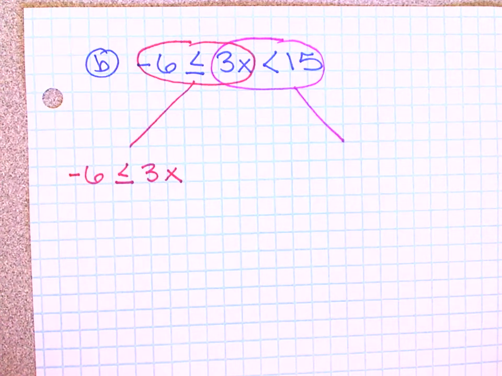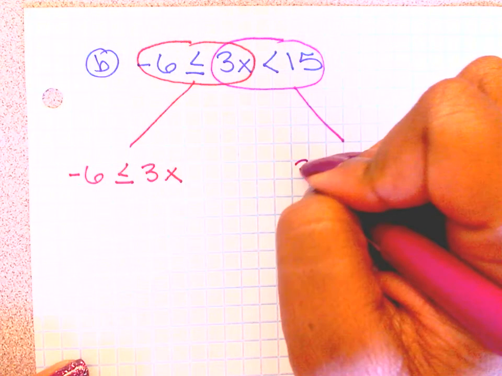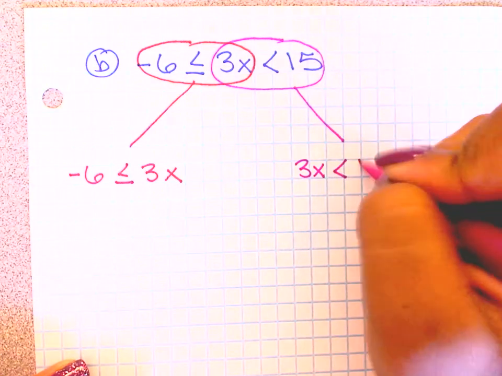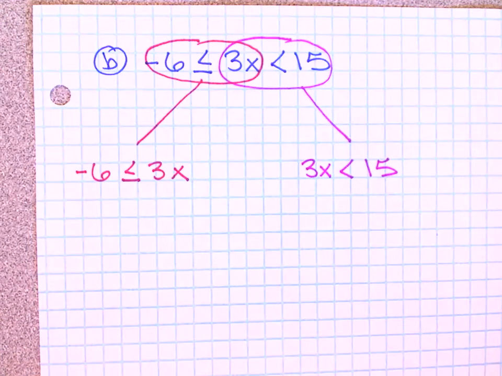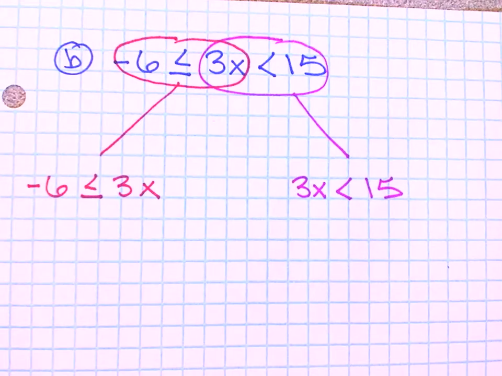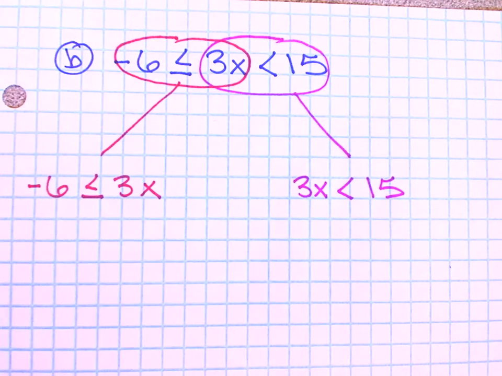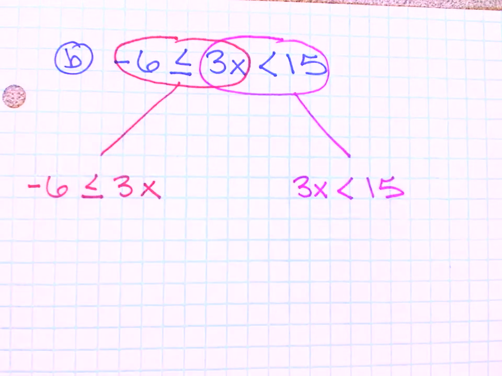And on this side, I have 3x is less than 15. So I pulled apart those two equations. So now I'm going to solve for each. That's step number 3. We circled, we drew the lines, now I'm going to solve.